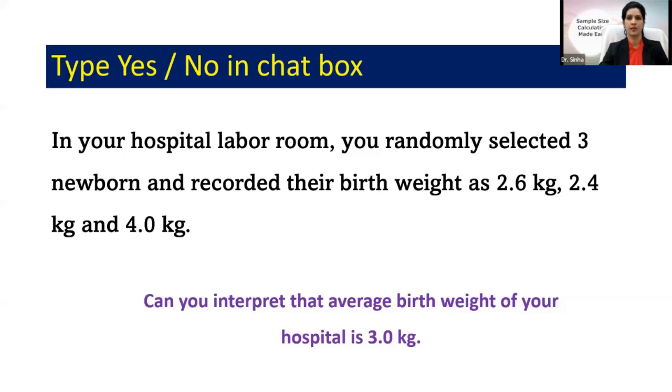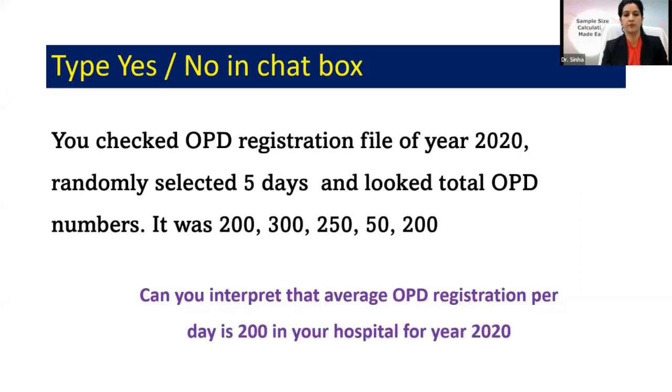There are a few answers of yes, but most of the answers are no. Only by selecting 3 newborns and calculating their mean, it will not convey the mean birth weight of the babies in the hospital.